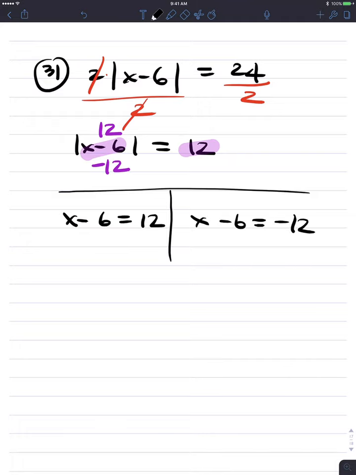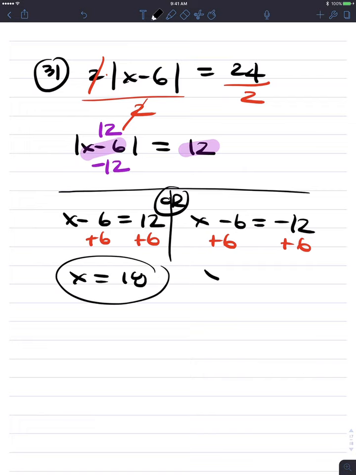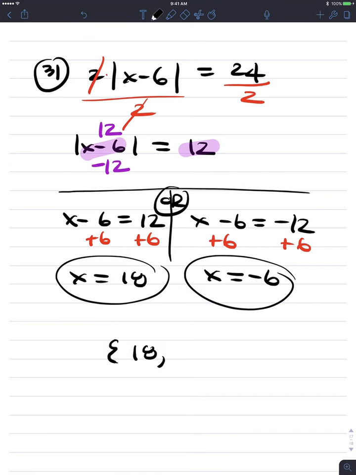So let's solve each linear equation. We add 6 to both sides for both equations. We'll end up with x is 18 for one, or x is negative 6 for the other, because negative 12 plus 6 is negative 6. My solutions are positive 18, negative 6.